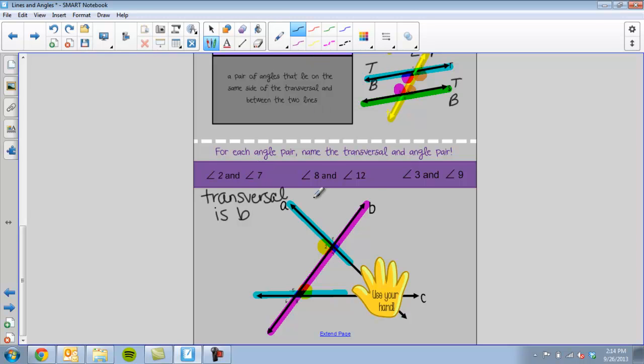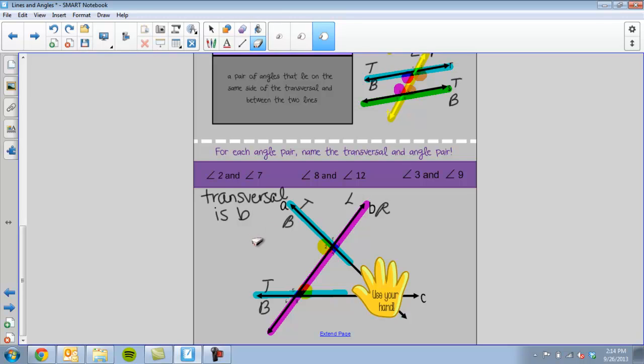And then I'm going to look. So we talk about the left and right side of the transversal. Top, bottom, top, bottom. So if we're on opposite sides and on the inside, what do we call that? Yeah, alternate interior angles.